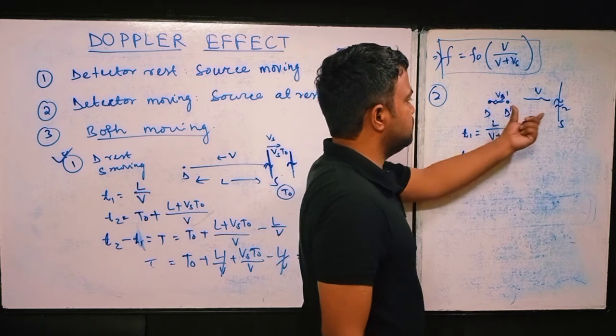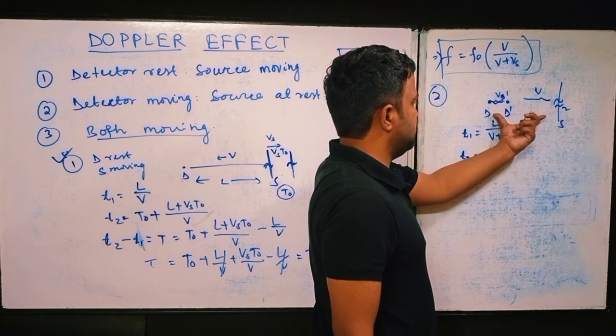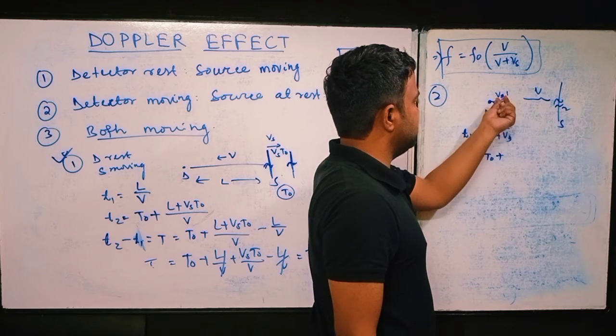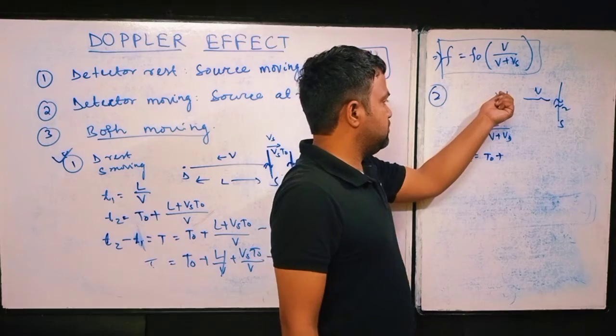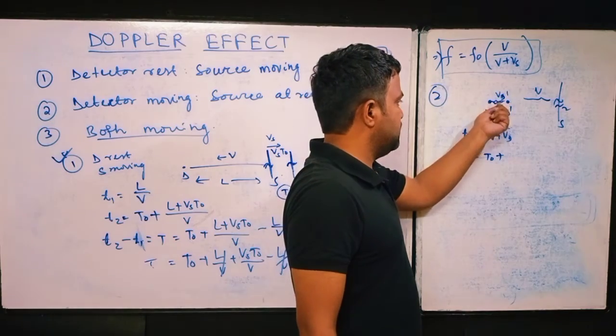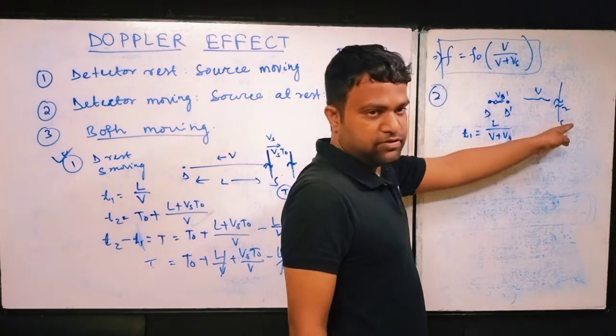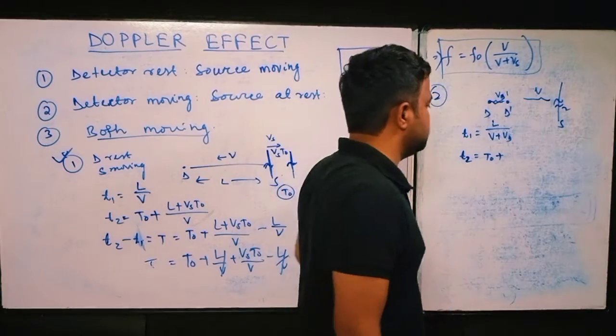So the new distance will be L minus the speed of the detector, Vd, times T0, the time T0 in which it has moved.